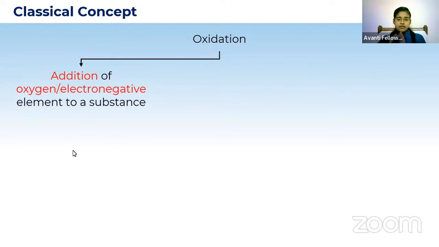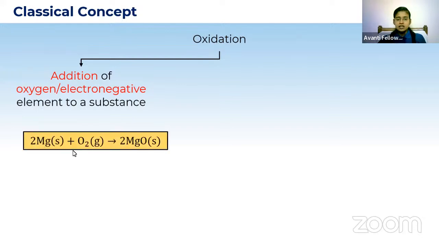I will give you some examples so that you can understand. Here I have taken magnesium reacting with oxygen to give magnesium oxide. Initially on the reactant side, we have only magnesium. After the addition of oxygen to this magnesium, we get magnesium oxide. For now, I will give you the oxidation state of magnesium.